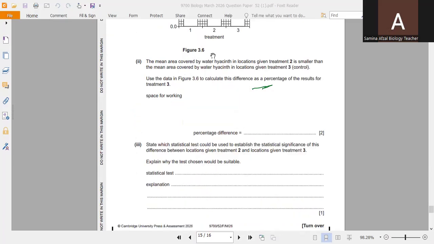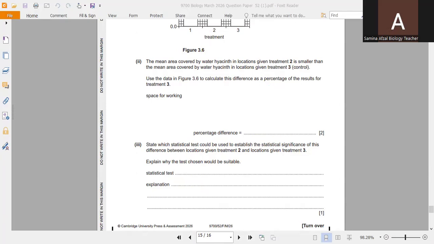The mean area covered by water hyacinth in locations given treatment 2 is smaller than the mean area covered by water hyacinth in locations given treatment 3. Use the data in figure 3.6 to calculate the difference as a percentage of the results for treatment 3.